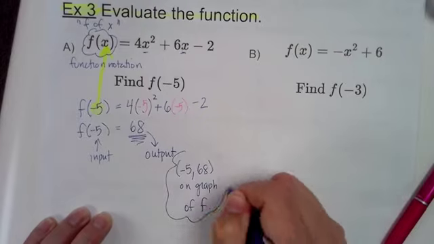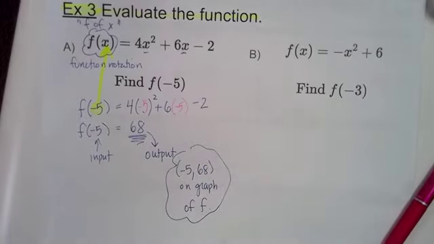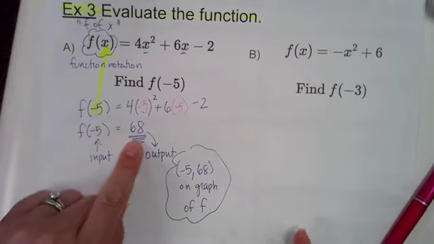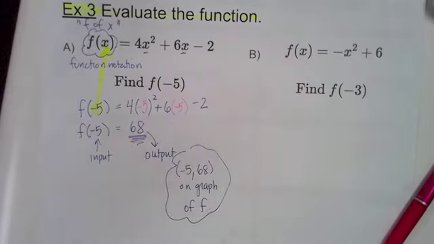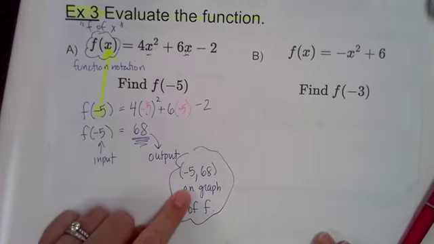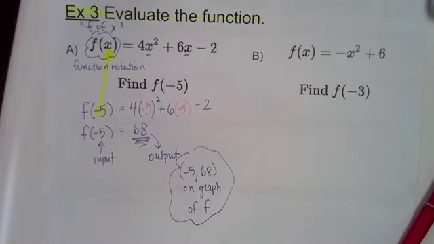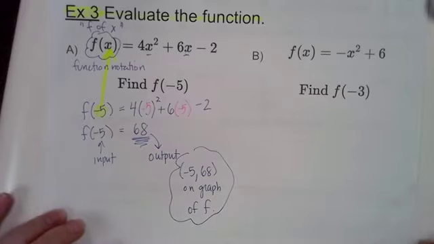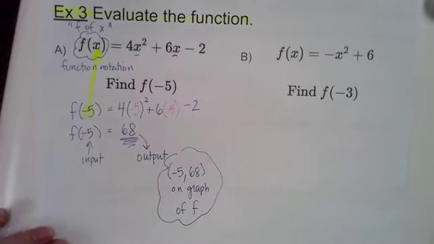And that's very cool. It gives us more information. All right, if we had just said plug in an x and it says y equals 68, it's not as clear that we have an input-output ordered pair, an x value and a y value, okay? So we use this a lot to help us graph, and you'll see that tomorrow, I think. We'll be doing that with graphing.